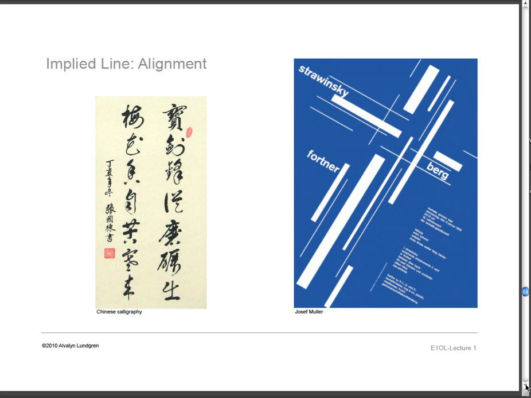And we see that in various cultures, various times, implied line has existed. So the Chinese calligraphy is from a few centuries ago in China. And notice that all the characters we see, first of all, have a gestural sense. So in their inscription of line, they're very gestural. But notice how they are aligned, centered on a vertical line.